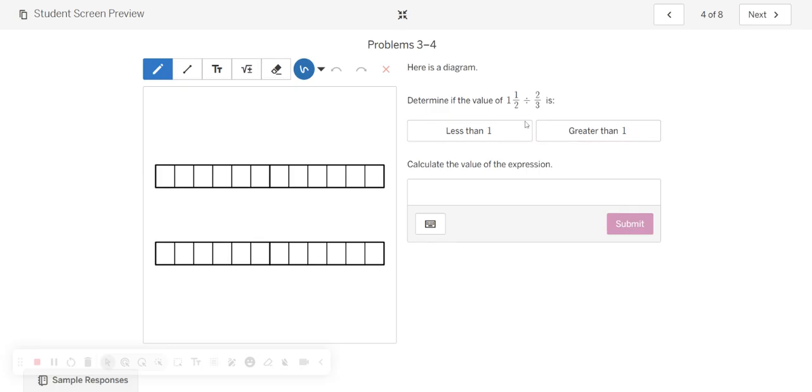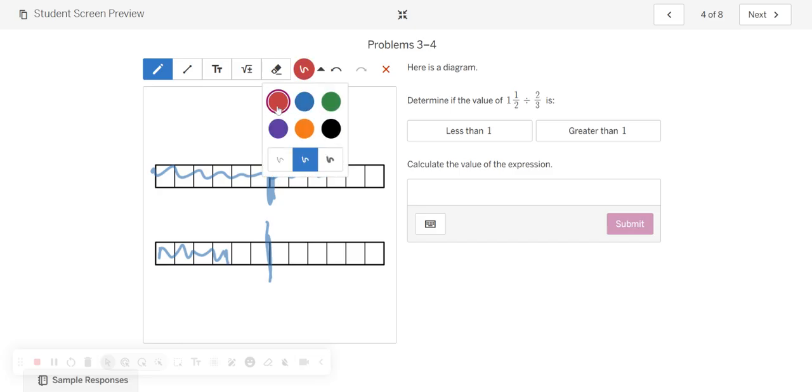Here we go. 1.5 divided by 2/3. So in this diagram, halves and thirds, the common denominator is sixths. So they broke this up into sixths. I've got 1.5 divided by 2/3. So 2/3 of this would be 4 of those things.